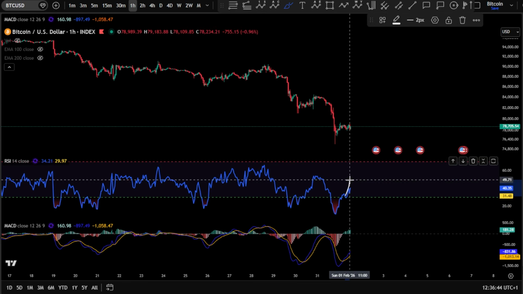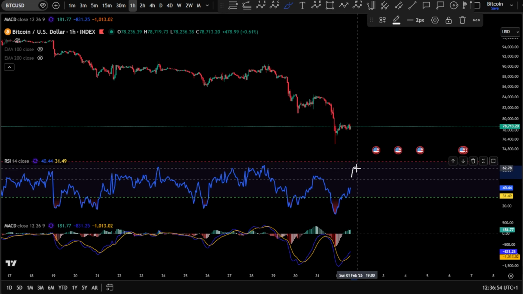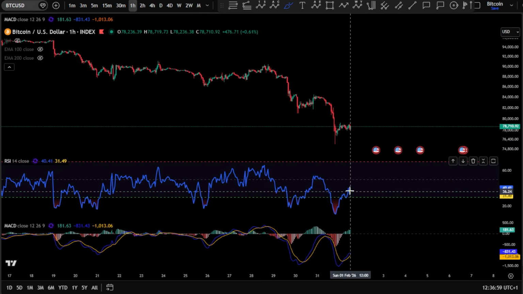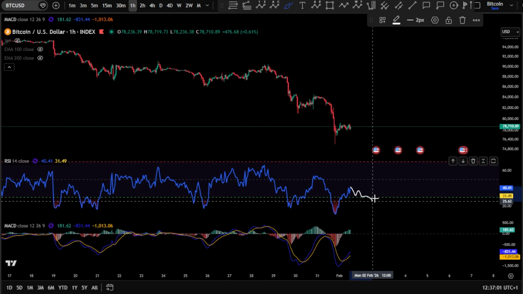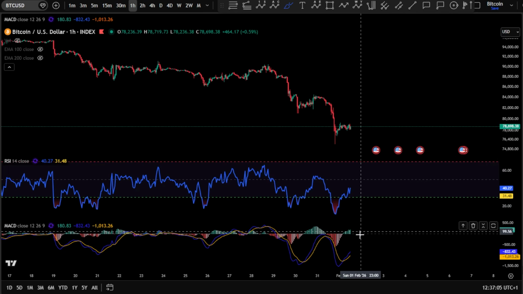It can be, of course, continuation for higher, but it is preferable if we break the center line here for the RSI first, before we say that we are in something bullish there. And of course, we're still under pressure, so the RSI can still come back, despite that it is so much in red.